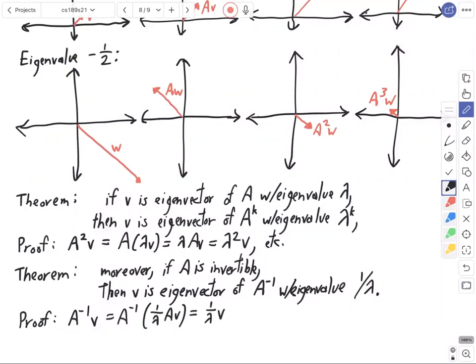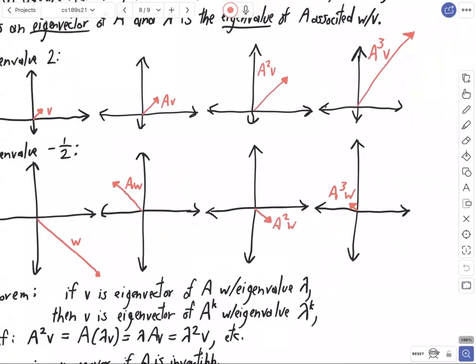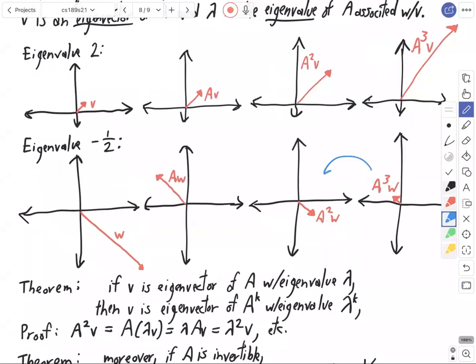So one way to think about the intuition for this is to go back to the figures up above, but instead of going from left to right, now imagine going from right to left. Every time you apply A inverse, this is what we're doing.